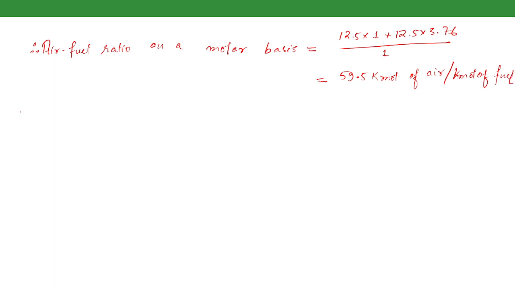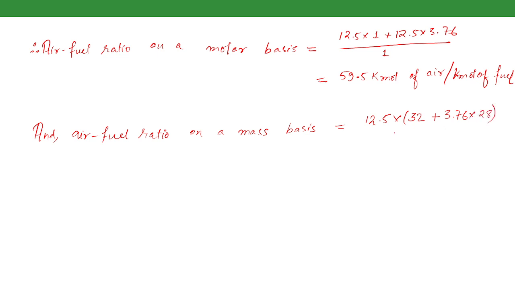And the air fuel ratio on a mass basis: 12.5 into, mass of oxygen is 32, plus 3.76 into mass of nitrogen is 28, by 8 into 12 plus 18 into 1.